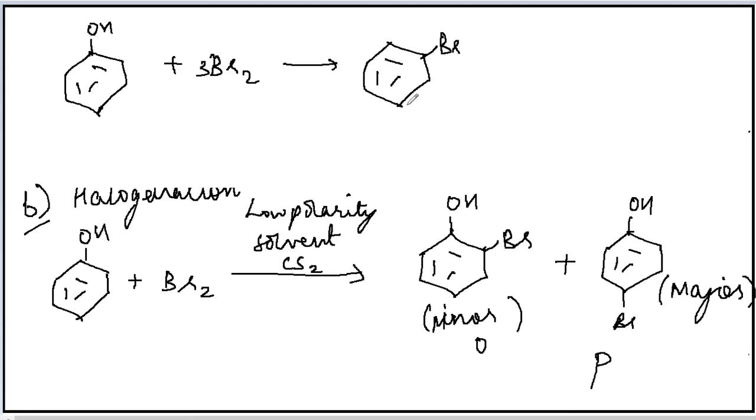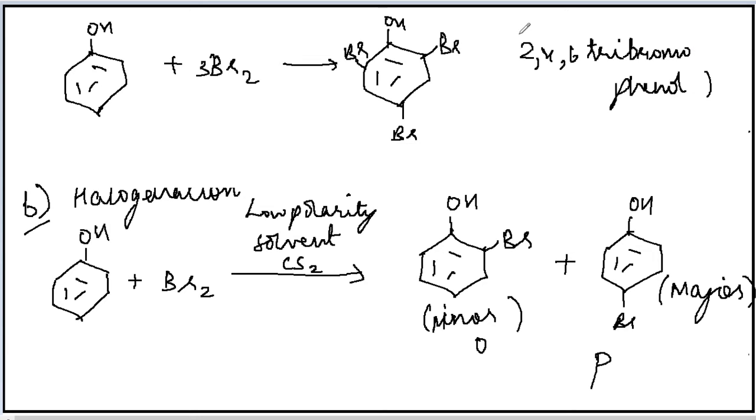That is, the substitution will take place at both the ortho and the para positions. So you get this product, 2,4,6-tribromophenol. The reaction takes place at all the three positions. So this is how the substitution reactions take place in case of phenol.